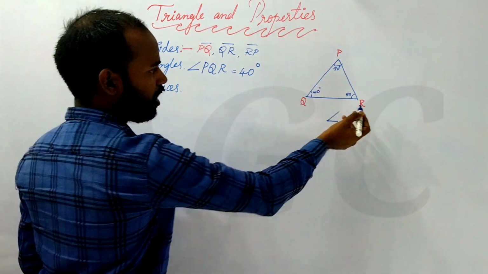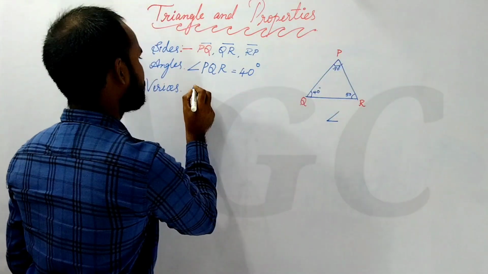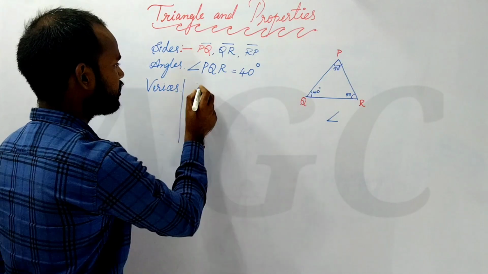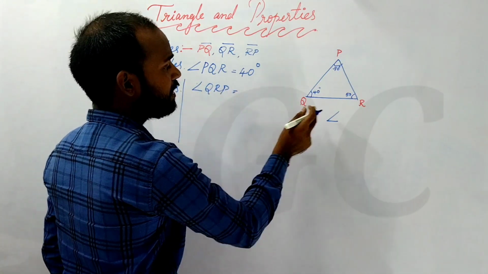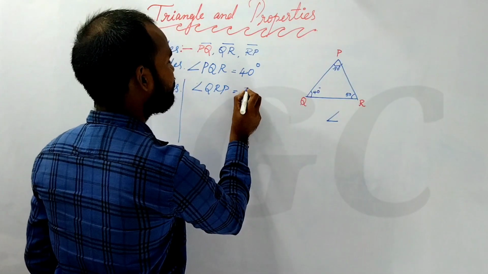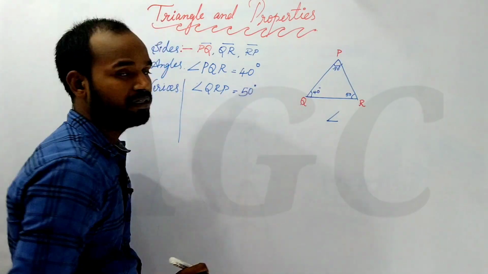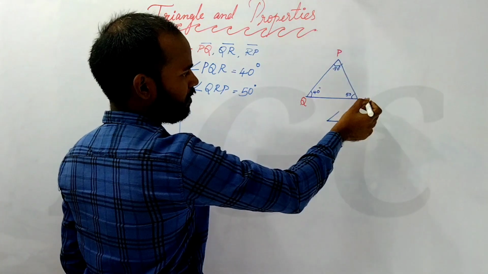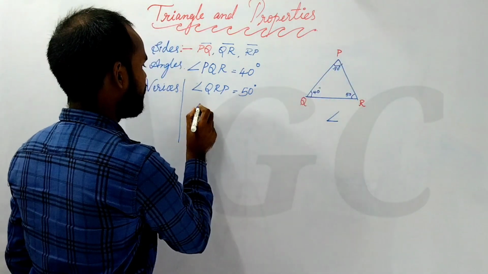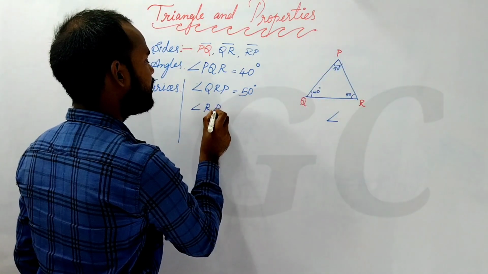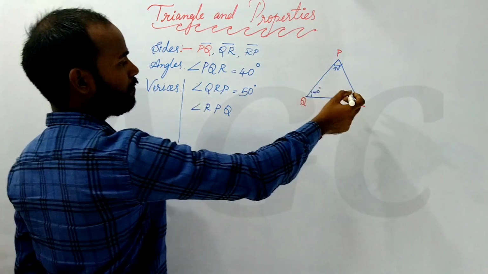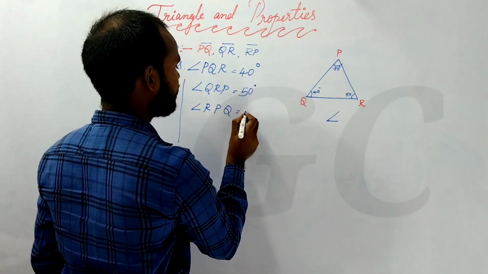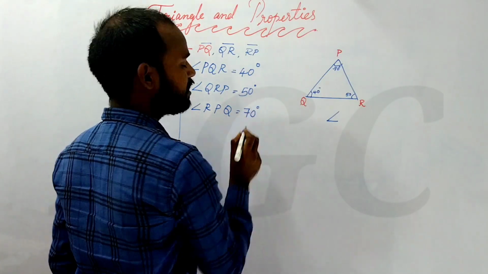Next, angle QRP is 50 degrees. Next, angle RPQ. What is angle RPQ here? RPQ is 70 degrees. Is it clear?